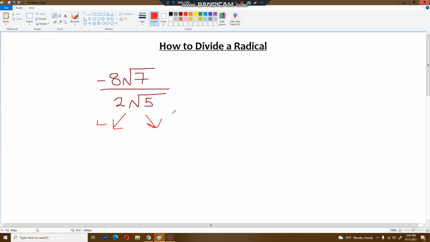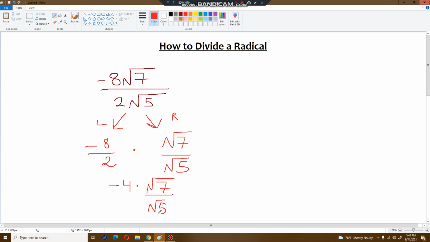On the left side will be the coefficients, on the right side the radical. So minus 8 over 2 will go on the left side, and we're multiplying it by the radical 7 divided by radical 5. Minus 8 divided by 2 is minus 4, multiplied by radical 7 over radical 5. I can't do anything with this, so now I'll just join them up together. I have minus 4 square root of 7 over square root of 5.